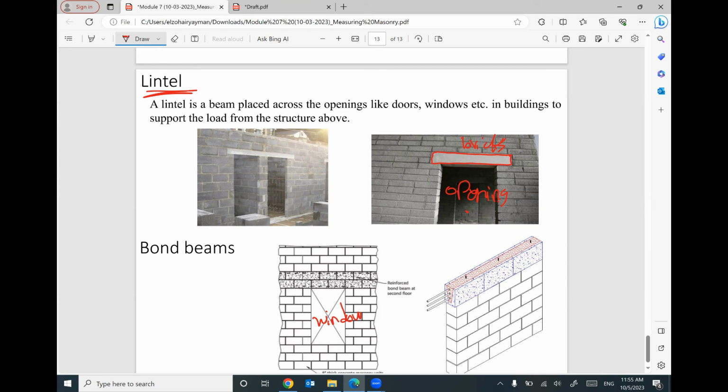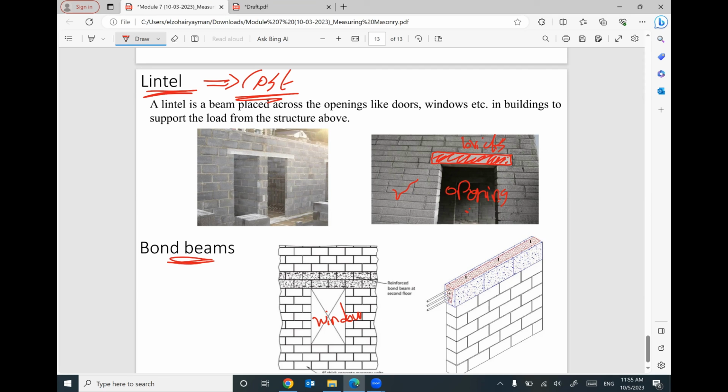Does that make sense? Yes, we subtracted the opening from the number of bricks, but you have to consider that over this opening we must construct a special beam, which is called a lintel. This lintel will have extra cost. That makes sense?